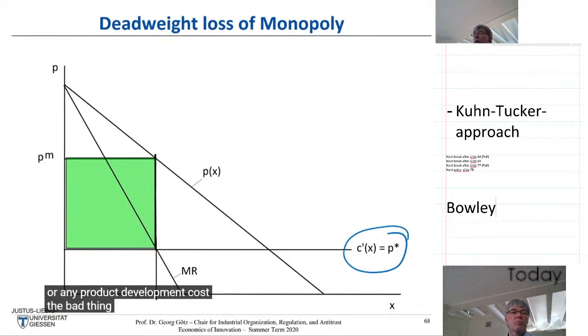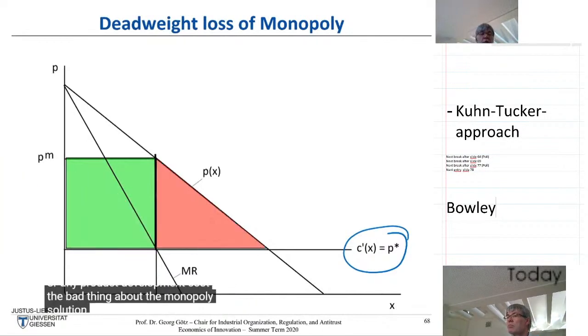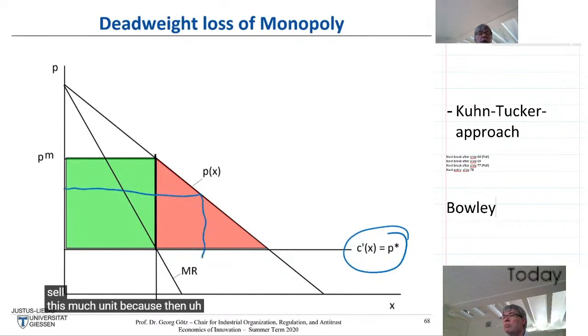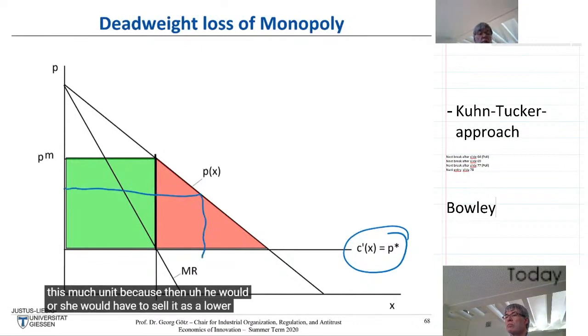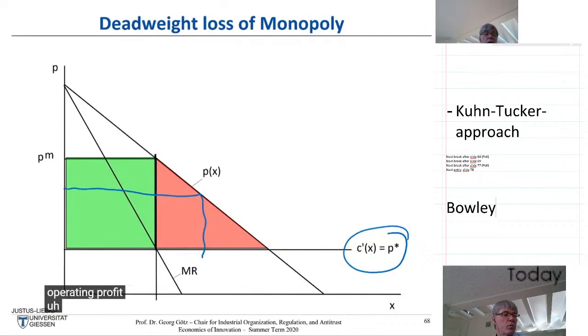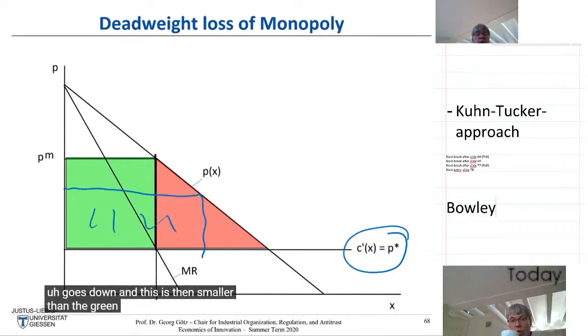The bad thing about the monopoly solution is, of course, that you have here this deadweight loss, because the monopolist doesn't want to sell this many units, because then he or she would have to sell at a lower price, and that would mean that this operating profit goes down, and this is then smaller than the green area.